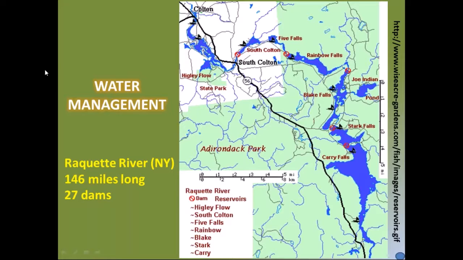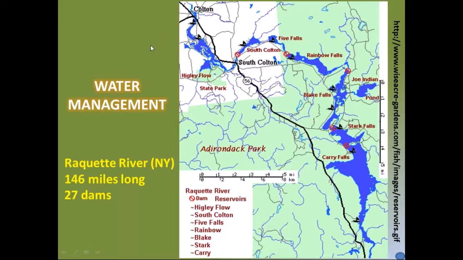Okay, let's switch gears a little bit and talk about how we can maybe help control water, at least on a local level, which would then have an impact on local flooding, for example. Water management is what we're discussing, and the example I'll use here is the Racket River.